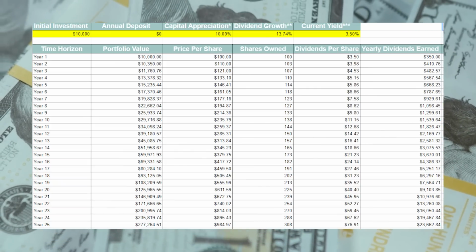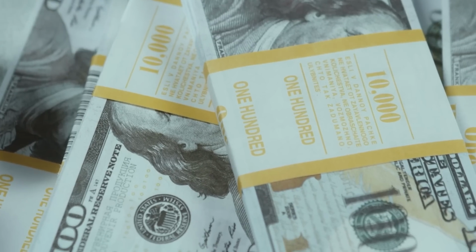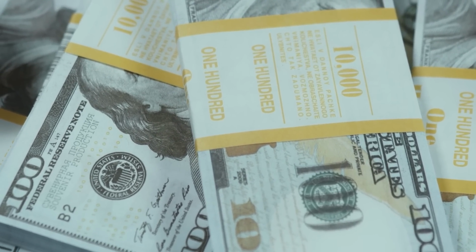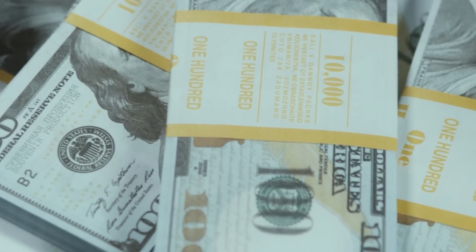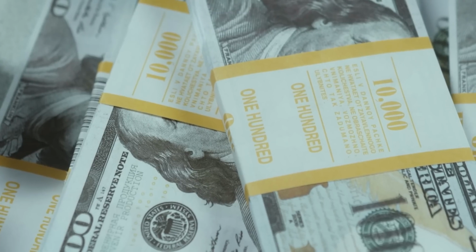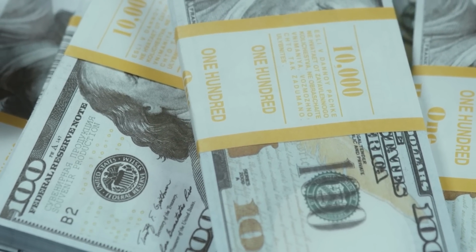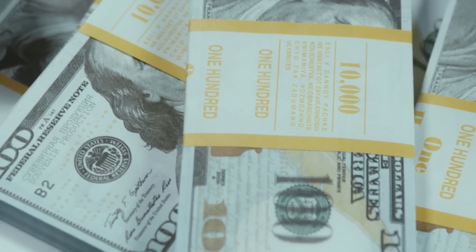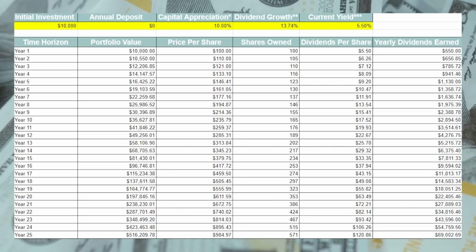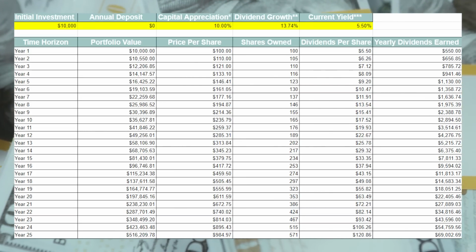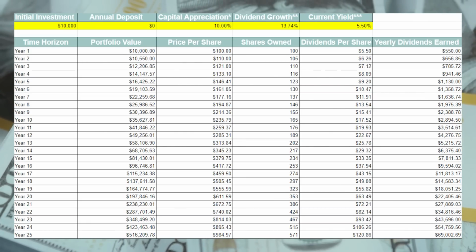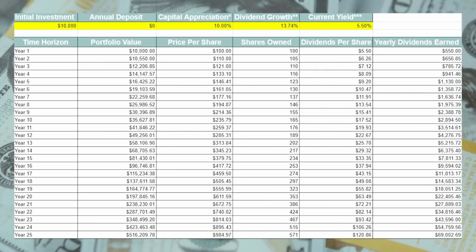Now, if we were to leave everything else the same, but change the starting yield to 5.5%, which is what I think we could easily see SCHD reach in a severe market downturn like lots of analysts are calling for this year, we would have the same initial investment of $10,000 with $550 earned in year 1 from dividend income. By year number 5, we'd be at over $1,100 per year.